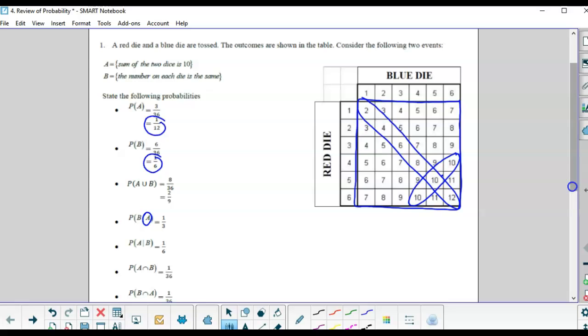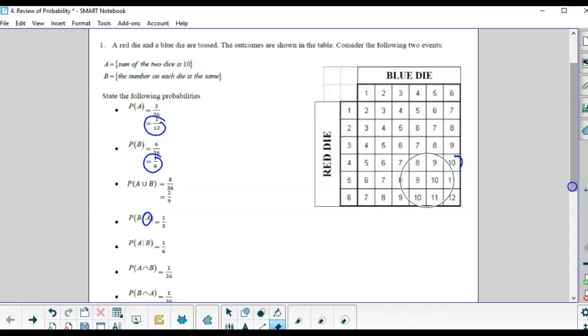The sum of two dice is 10. So I'm just going to erase this. I want to know the probability of B, that the number on each die is the same, given that the sum is 10. So that's only 1 out of 3. It's reduced that sample set.